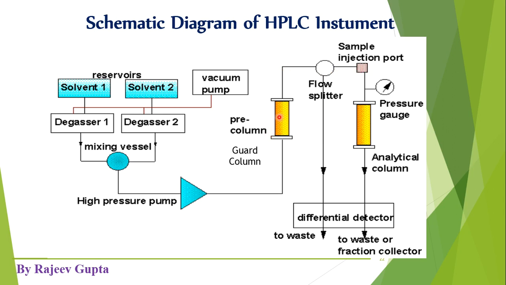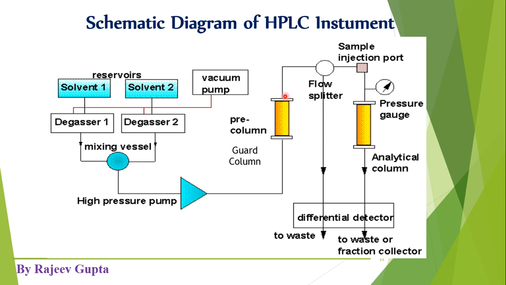Generally, the pre-column or guard column is situated in between the sample injection port and the analytical column. But here in this block diagram, it is shown before the sample injection port.